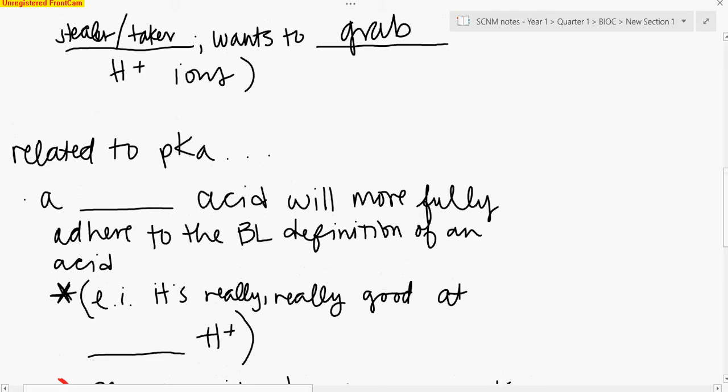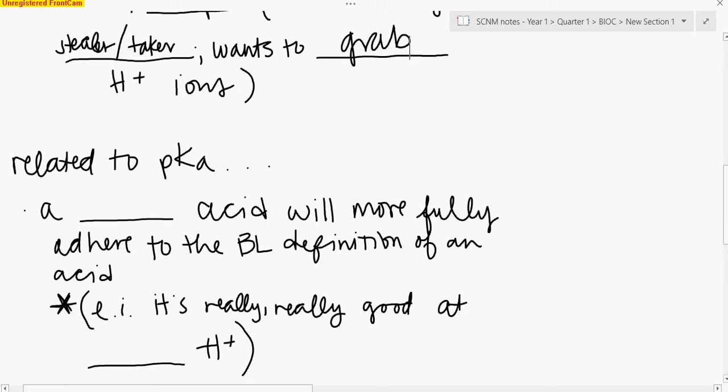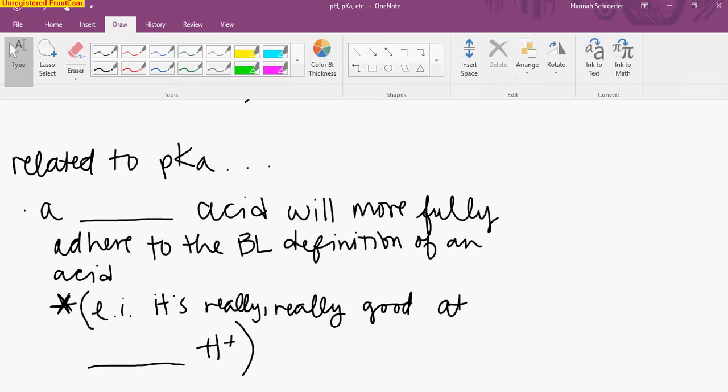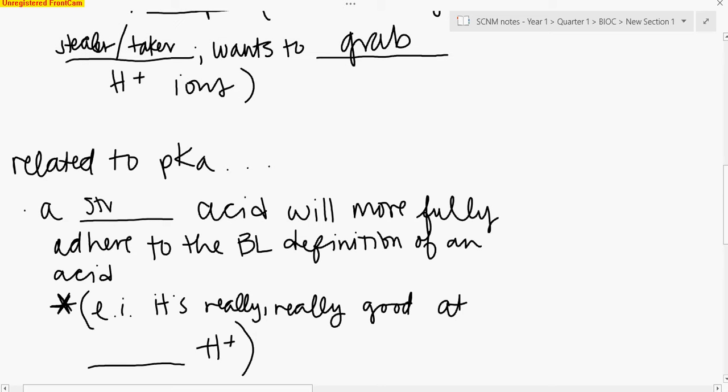Knowing that an acid is a hydrogen donor, it has the ability to get rid of its hydrogen ions. A strong acid will more fully adhere to the Bronsted-Lowry definition of an acid. So this might be a bit of a confusing sentence. We use these definitions of acids and bases as acids are hydrogen donors, bases are hydrogen acceptors, and that's all very cut and dry.